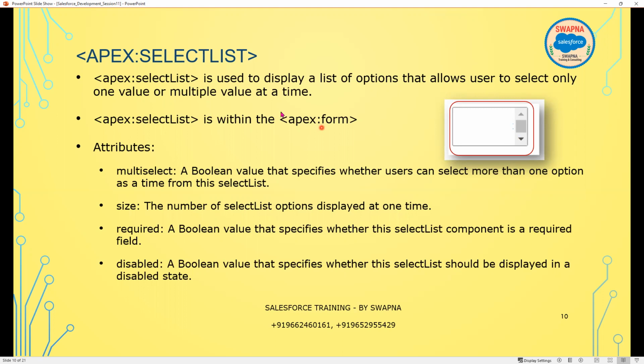In that case, we can say disabled equal to true. So 4 attributes: multiselect, size, required, and disabled. There are a few more attributes we will see later. Take a note of it.